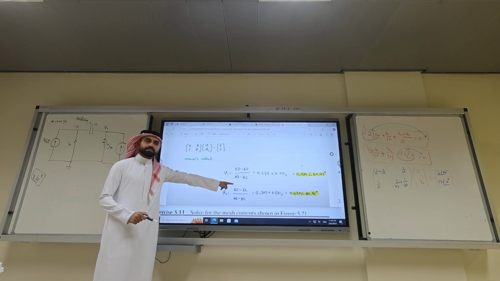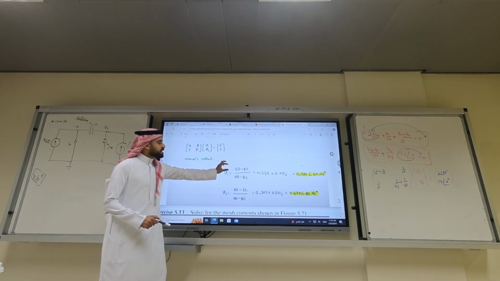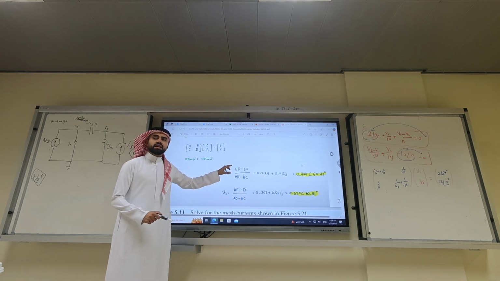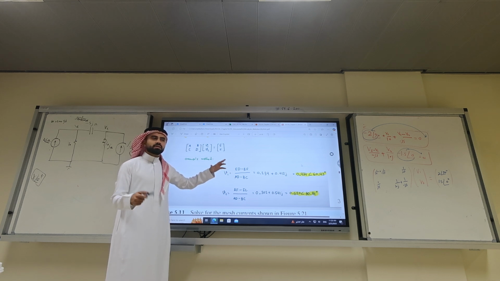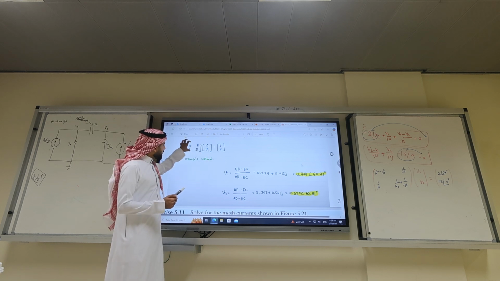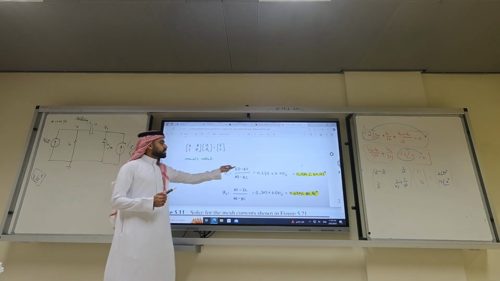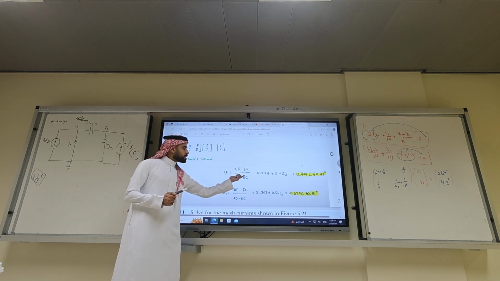CB is BC, the same. So it's the determinant of, I think they call it the co-matrix, where you replace A and C with E and F and you take the determinant.